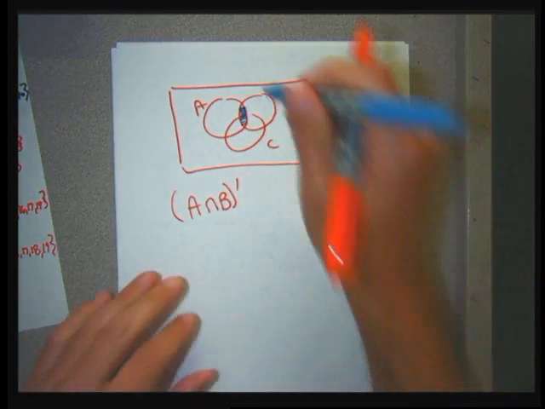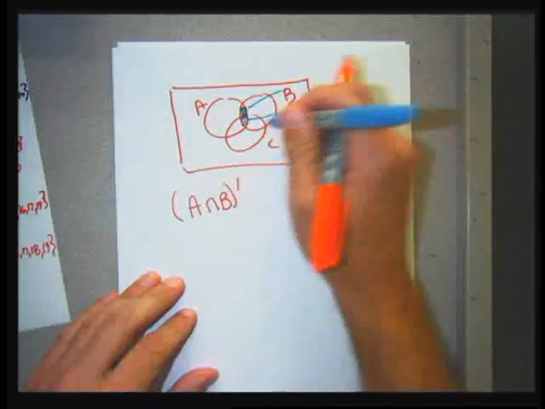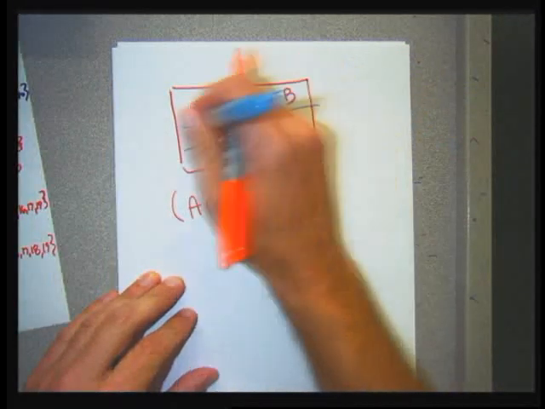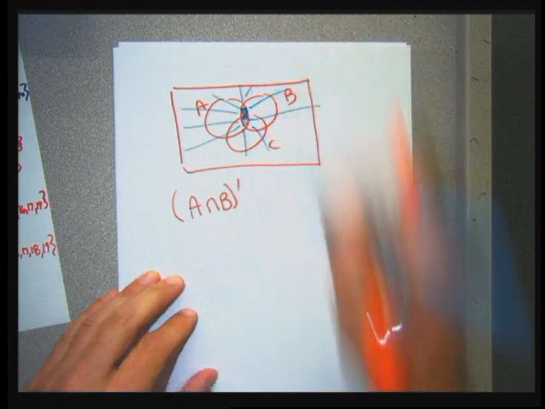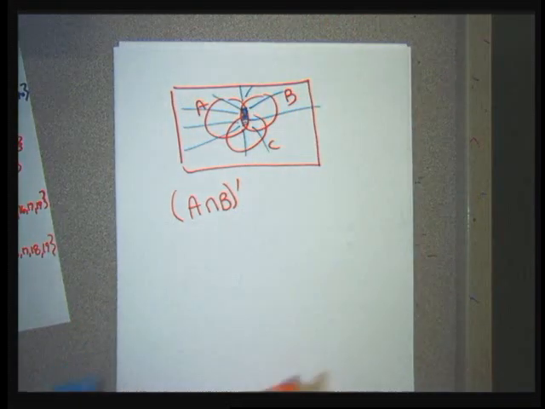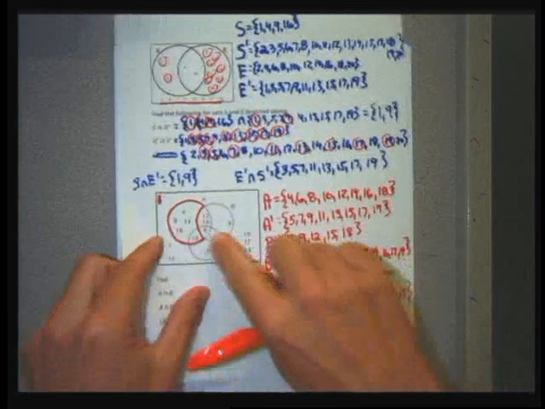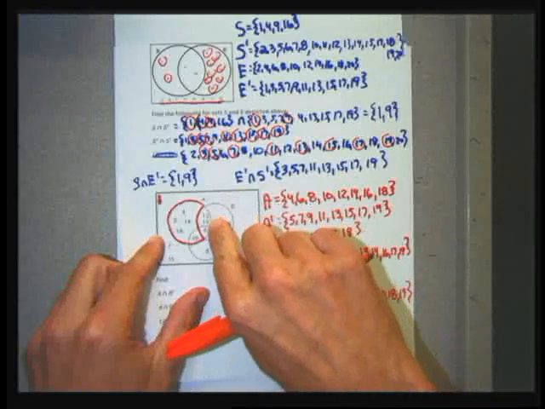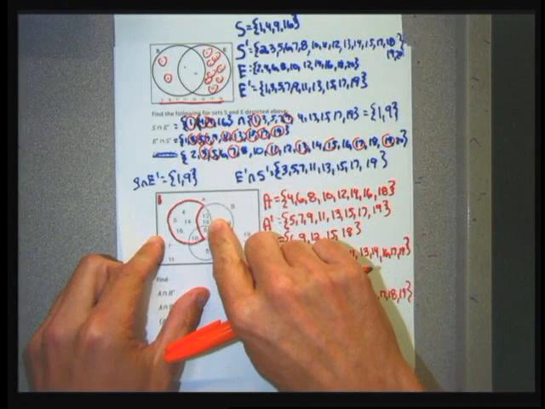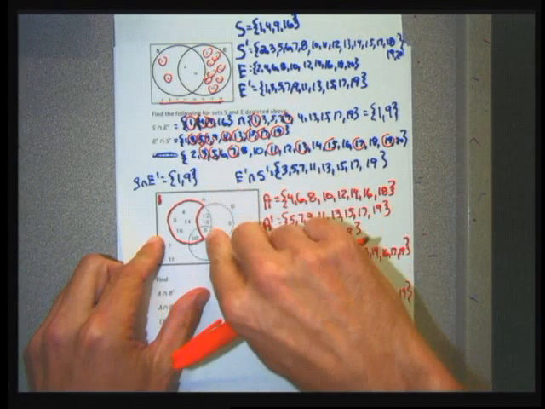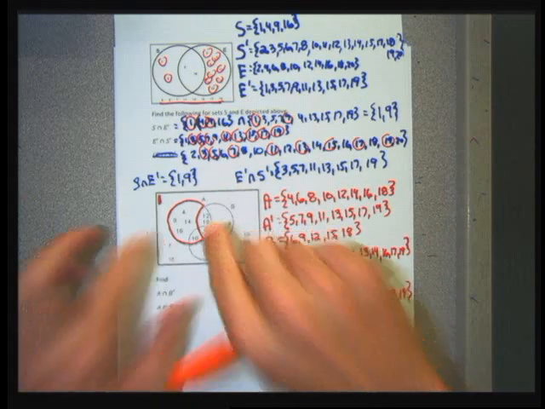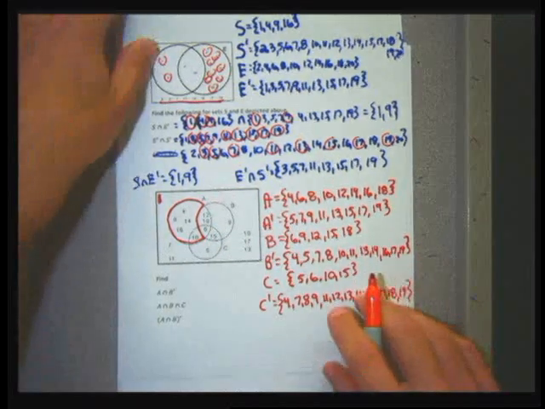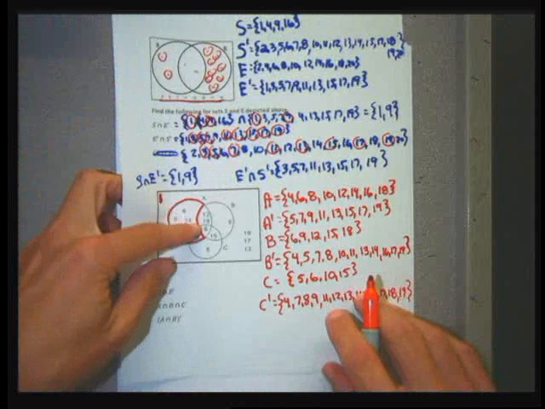The prime of that is anything outside that overlapping region. So any numbers except the numbers 6, 12, and 18 form A intersection B prime, because A intersection B is 6, 12, and 18. The prime is everything other than that. So it's everything in the universe except 6, 12, and 18.